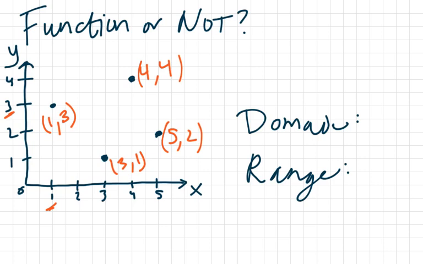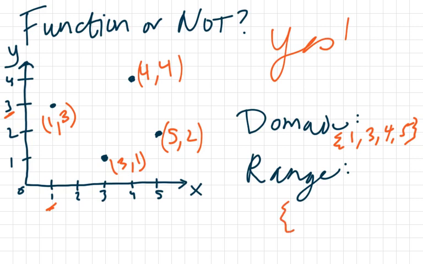Looking at this, there are no repeats in our x values, and so therefore, yes, this is a function. The domain of this function are our x values, which was 1, 3, 4, and 5, and our range on this one would be our y values, 1, 2, 3, and 4. So this represents a function.